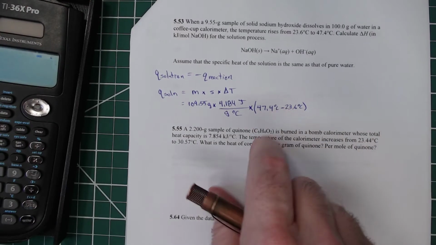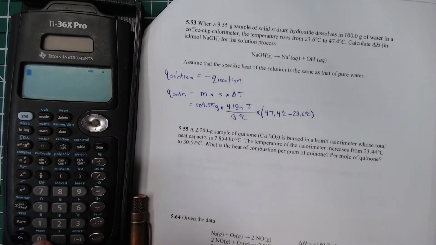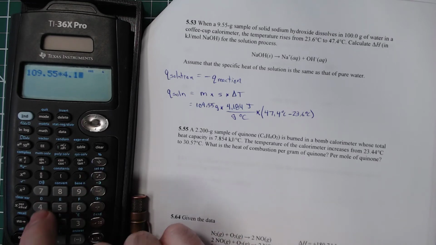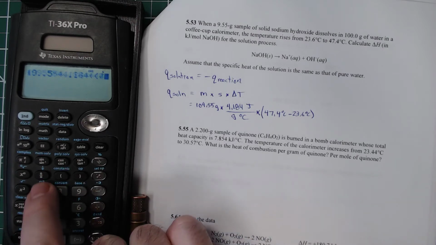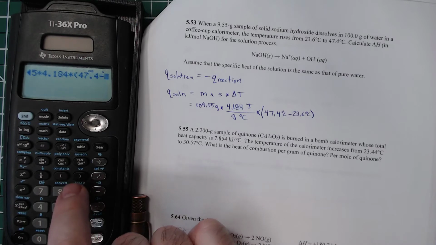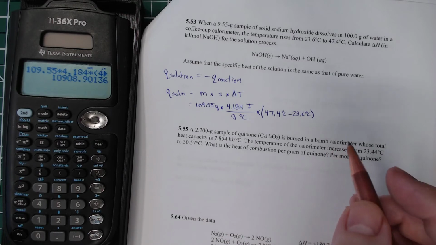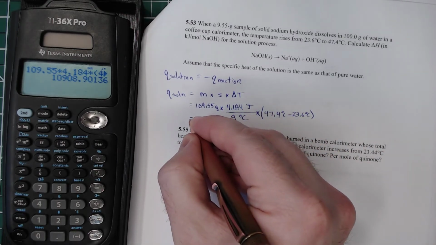All right, and then that difference is our delta T. So 109.55 times 4.184 times, and we'll go ahead and put this difference in, 47.4 minus 23.6, and that gives us 1,908, and I'm going to write that in scientific notation.